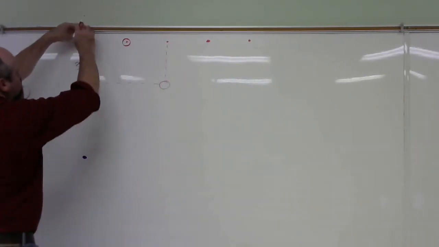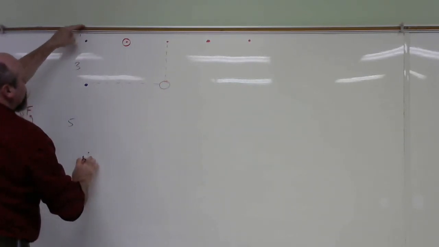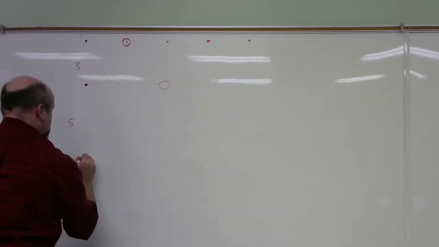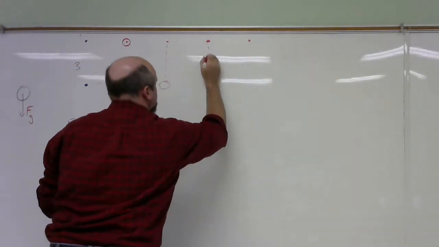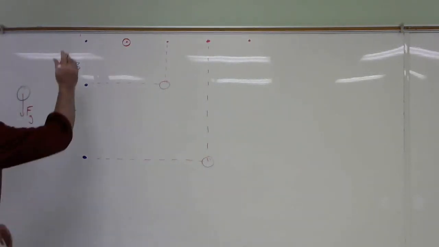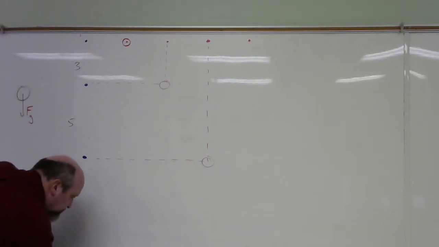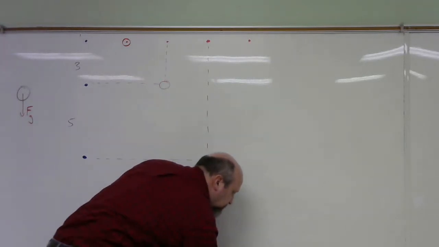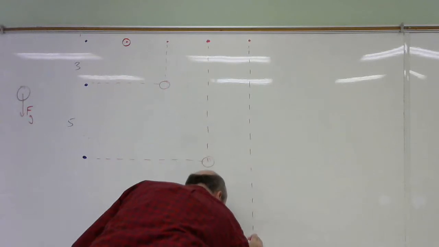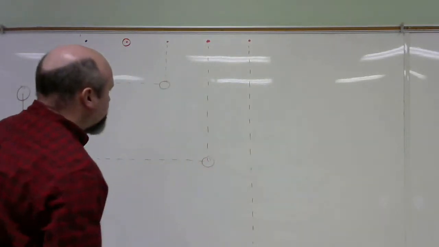After three time increments, we'd have gone over three increments, so it's where these meet, we'd be right there, right? And after four time increments, we'd have fallen to here, and we'd have gone over sideways to here, so we'd be there, right?